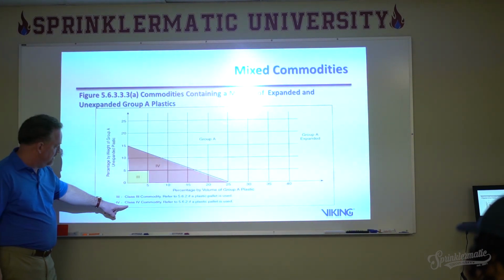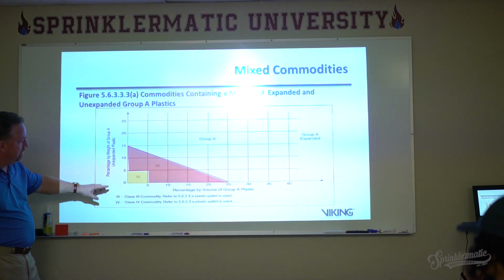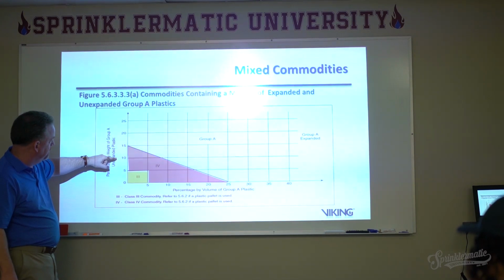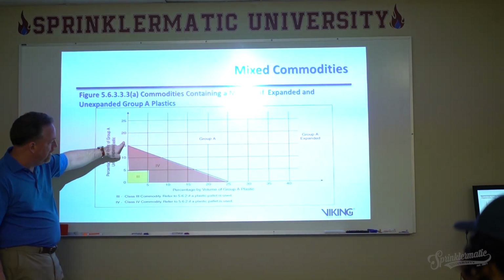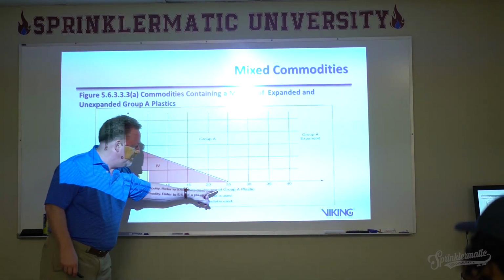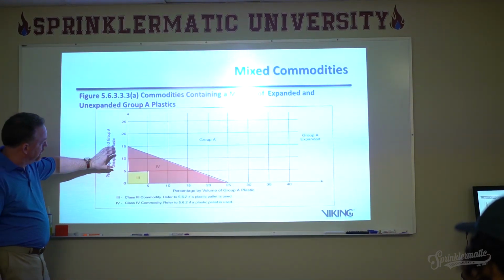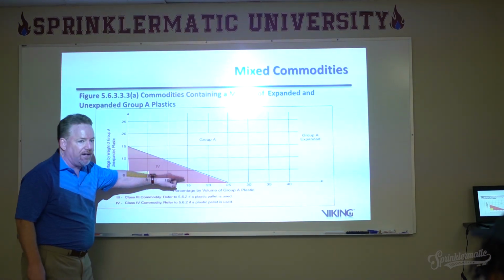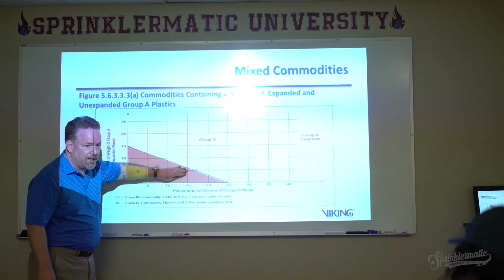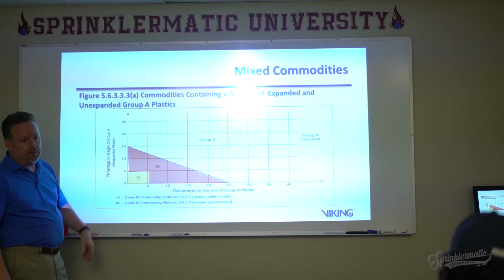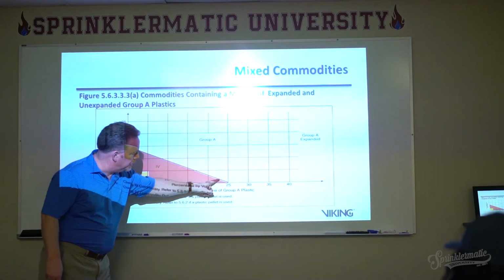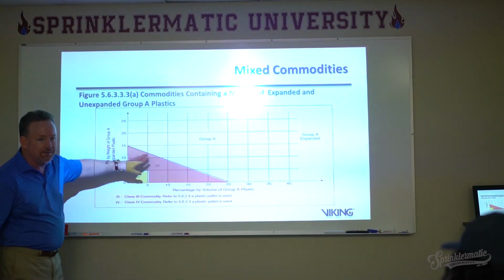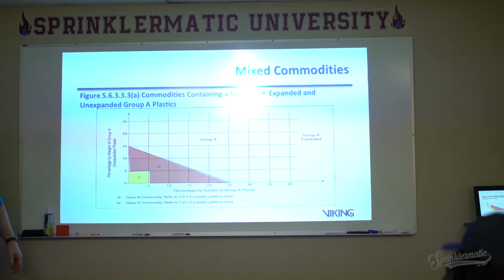If you're in a class 4 commodity, we said up to 15% by weight, 5 to 15, or 5 to 25 by volume. But you can see that this figure is saying that the further you go up by volume, the less you can have by weight. All right, this is where we're going with this. We don't want to have 15 and 25. Okay, that would be a lot.